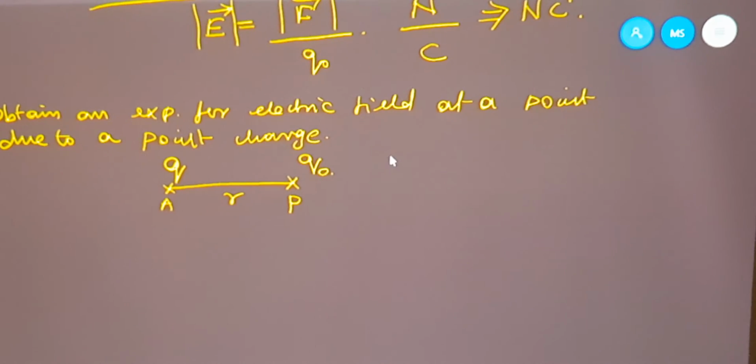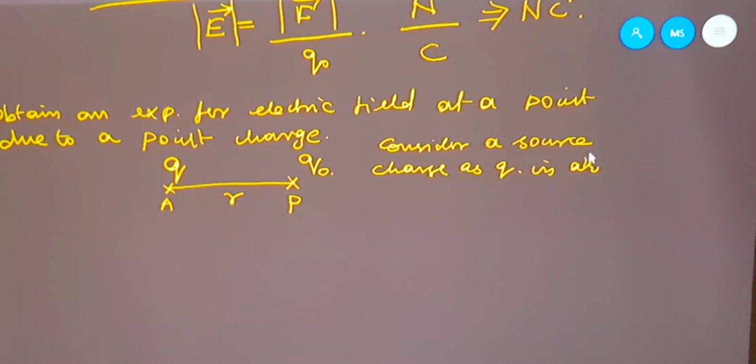So write 1 or 2 lines of description: consider a source charge Q in your medium.